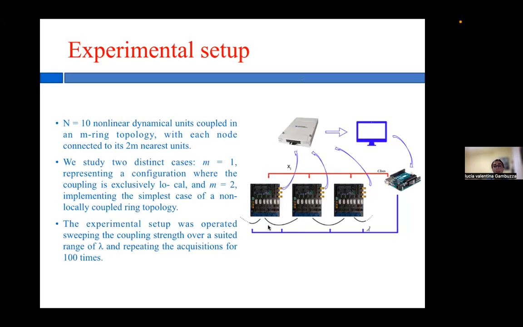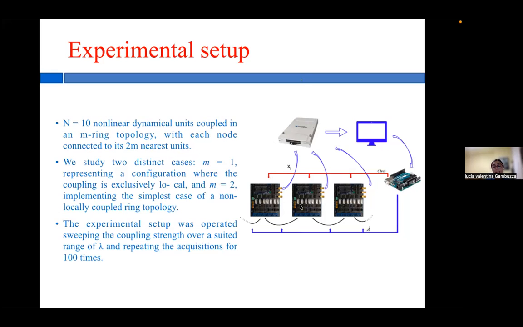Also in this case, we have just 10 units. Each board is a totally custom board, so we can easily define the connections between the different units, and how many neighbors we will have for each unit.